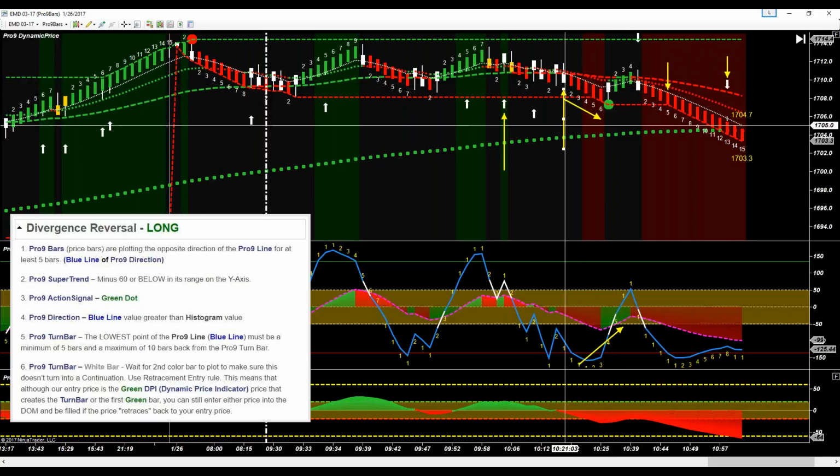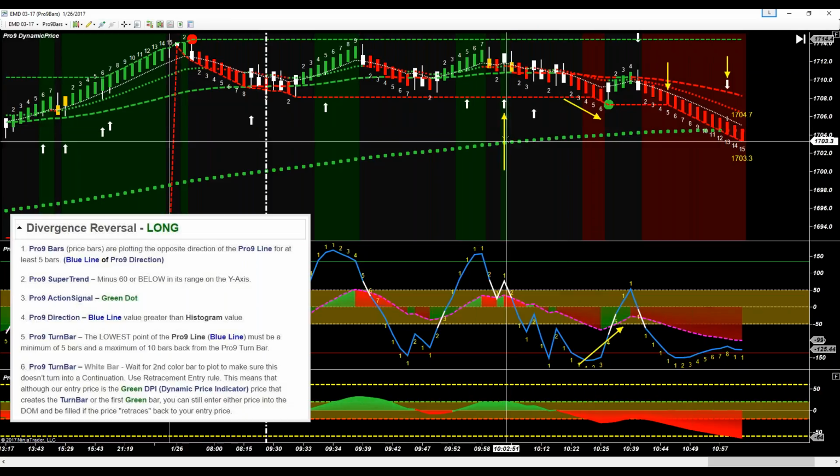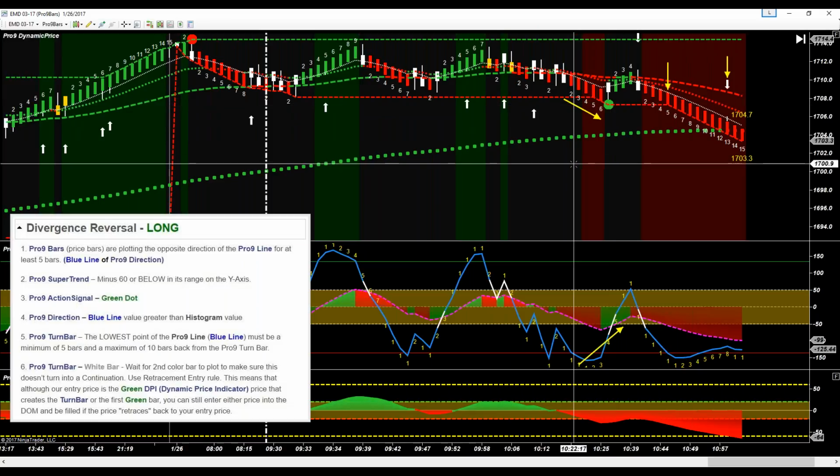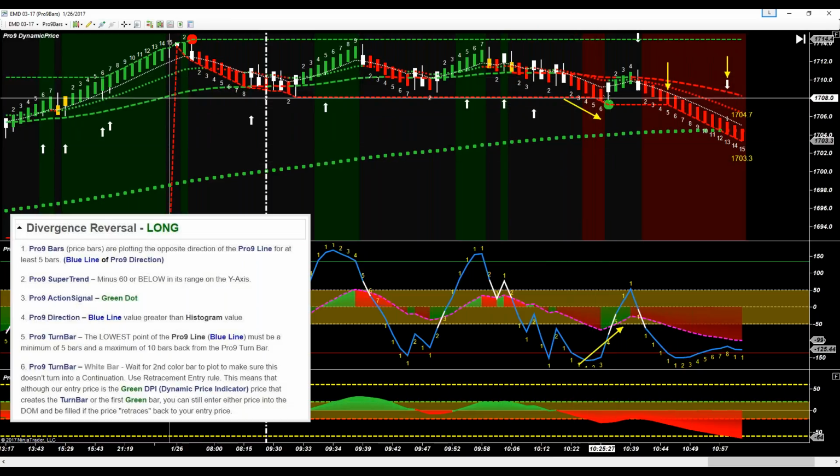So our first clue is we're looking for a green or red dot. This is our first clue that a divergence reversal is on the horizon. They will often appear in the middle of a run, and when a turn bar plots, they'll stick to it.